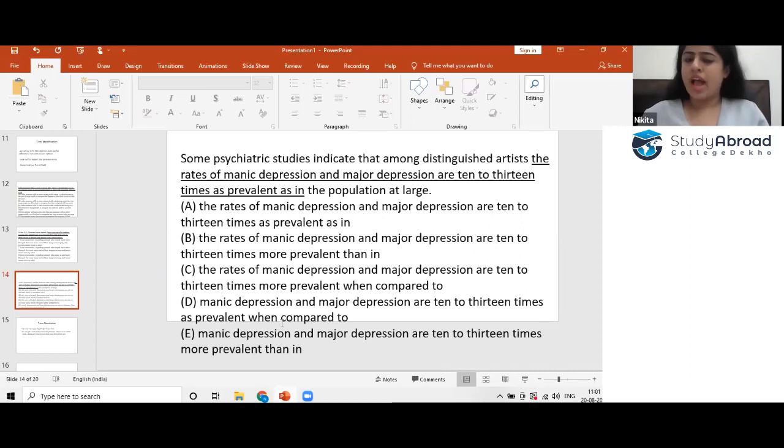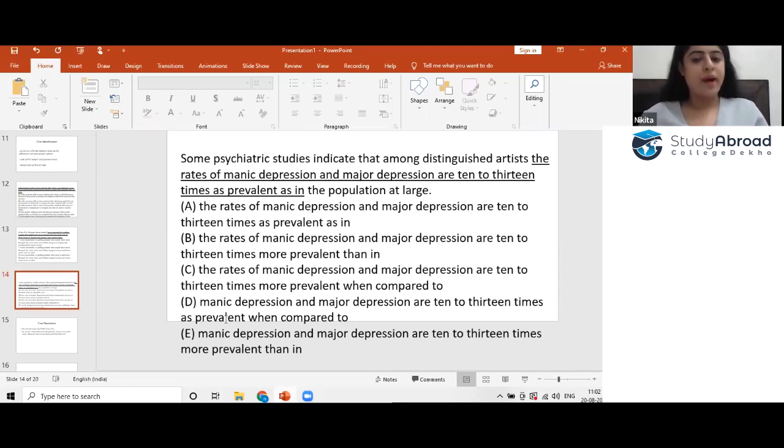Option D actually goes wrong because of the presence of "as", because "as" has to be followed by another "as", like slow as, fast as. When you make comparisons using "as", it has to be followed by another "as", which is missing in this option. So we are left with option E, and logically as well, E is the right answer.